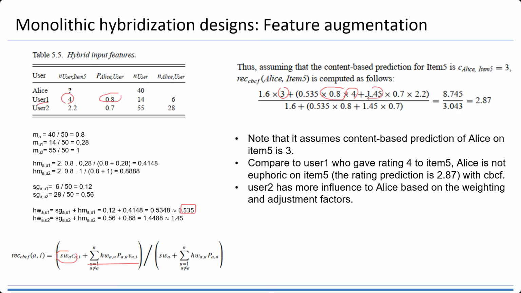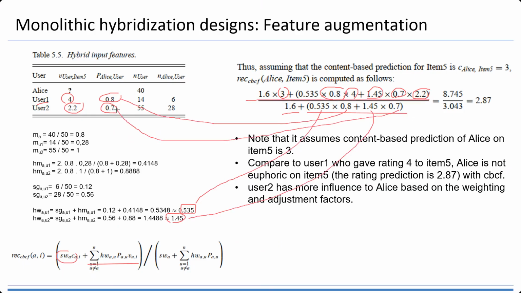Plus 1.45 multiplied by 0.7, where 0.7 is the Pearson similarity, multiplied by the rating given by user 2 on item 5. So we divide by the sum of weights: 0.535 multiplied by the Pearson correlation, plus 1.45 multiplied by 0.7, which is from the Pearson correlation.